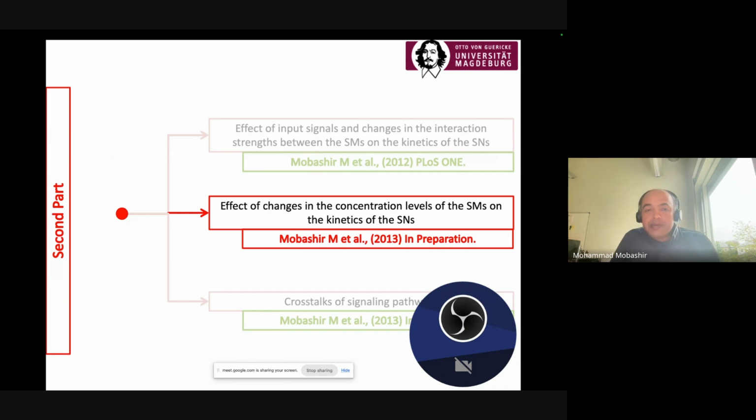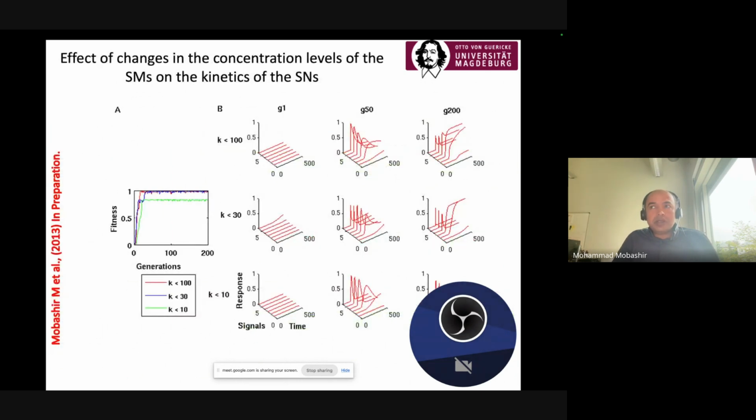The next part is the effect of changes in the concentration levels of signaling molecules. Here I have allowed changes in the concentration of the input signal in each generation, and changes in the concentration of receptor molecules.